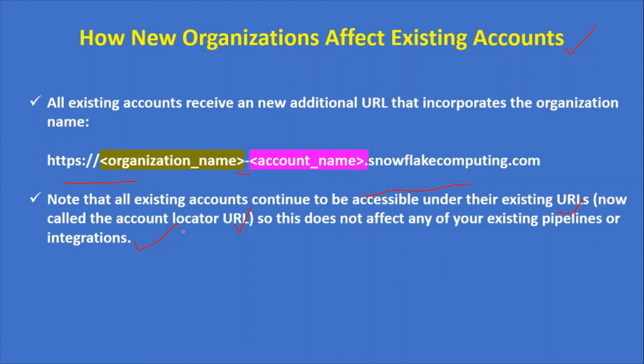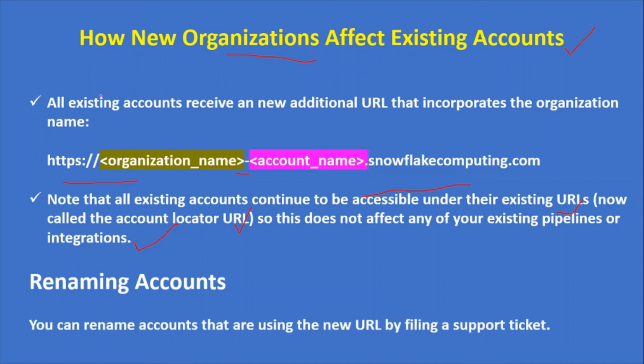You can also rename accounts with the organizations feature. Currently, you cannot rename the organization, but with the new feature you can rename your accounts. You can rename accounts that are using the new URL by filling out a support ticket. So if you want to change the existing account name also, you need to fill out a support ticket.